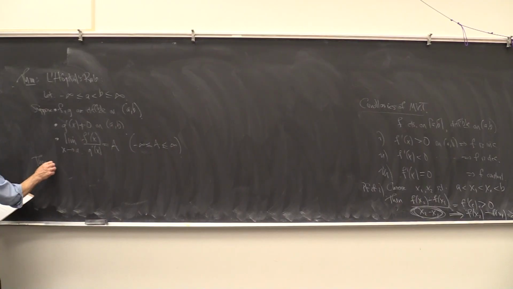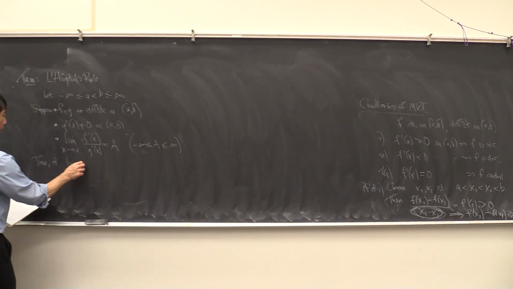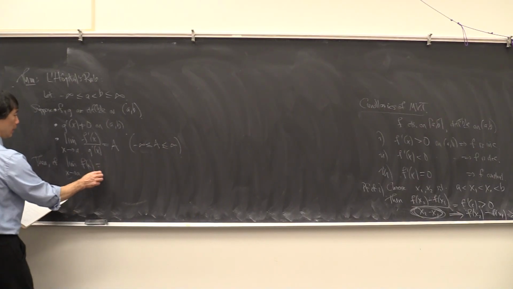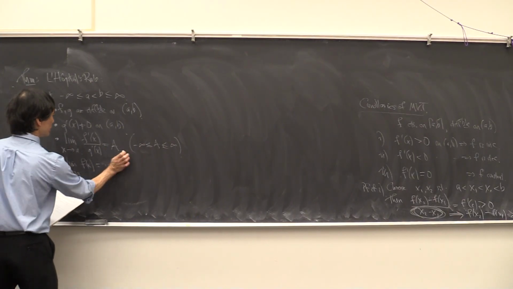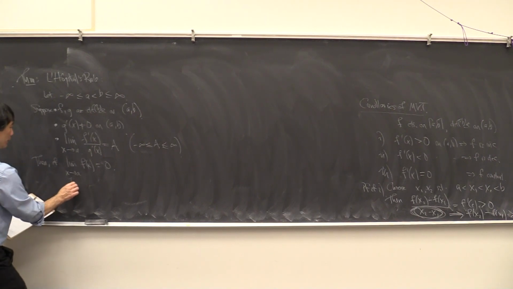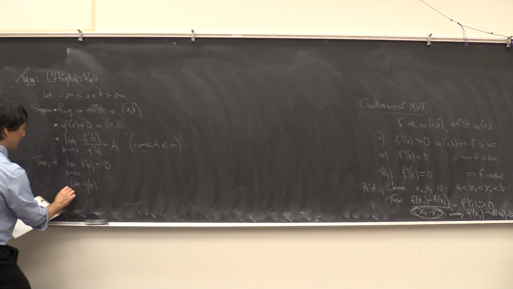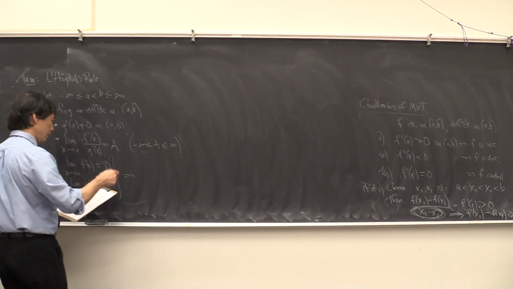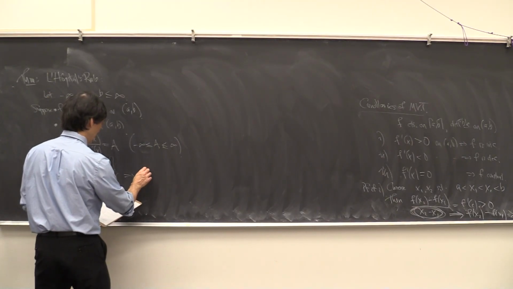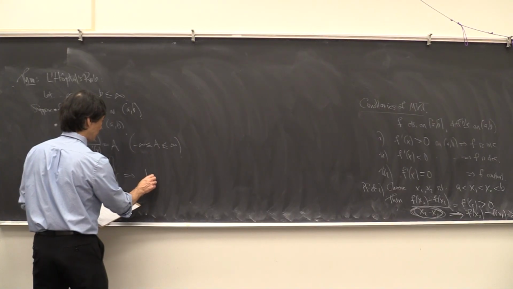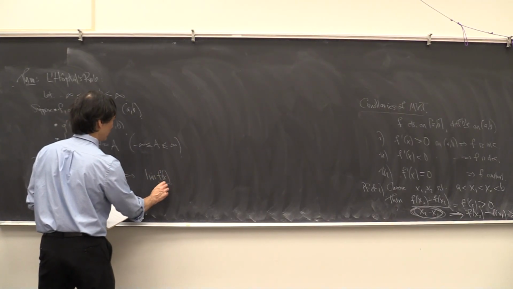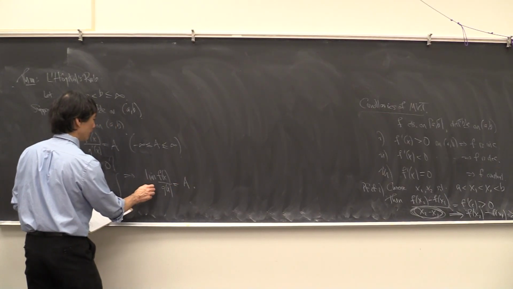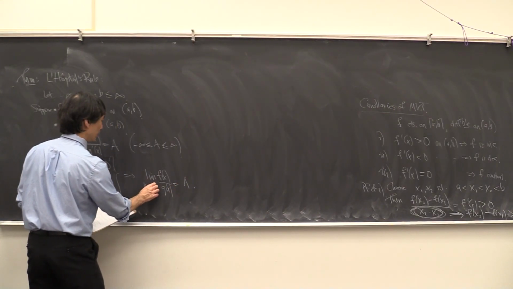Then, if the limit of f as x approaches a equals 0, and the limit of g as x approaches a also equals 0, then now we have our usual conclusion: the limit of f of x over g of x equals the limit of the quotient of the derivatives.